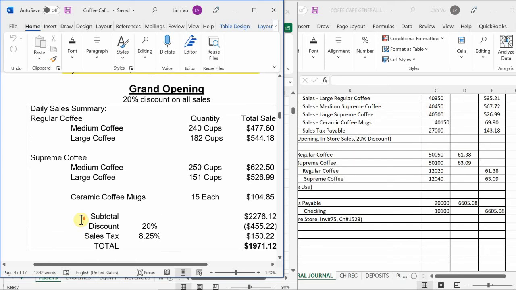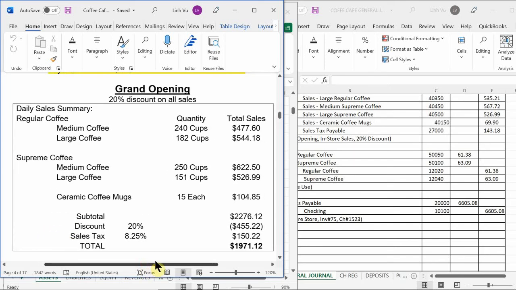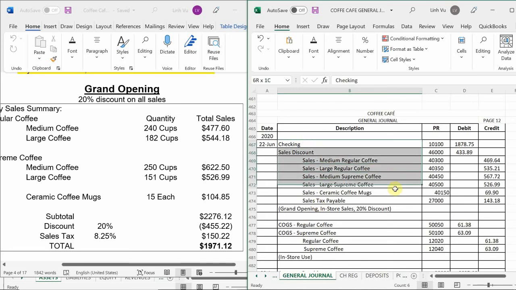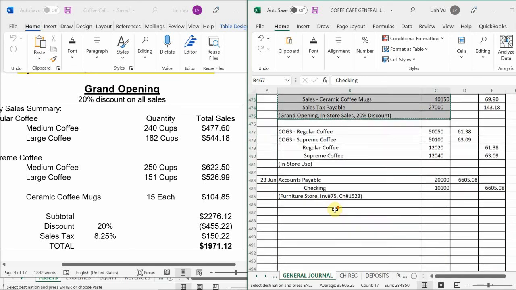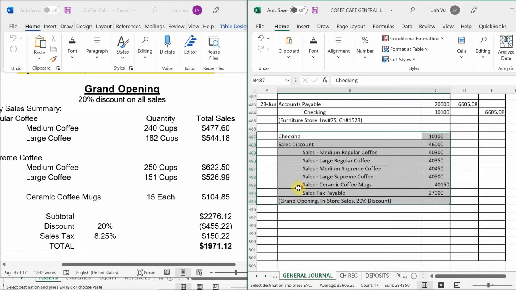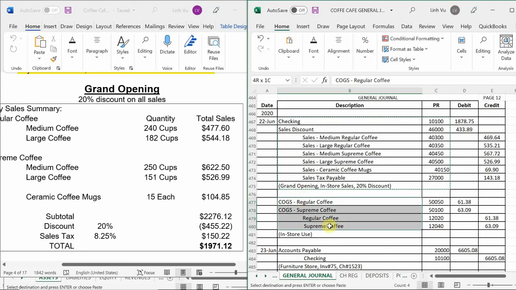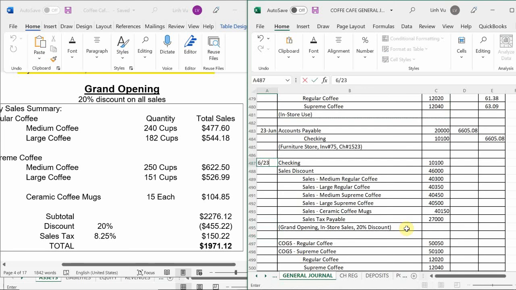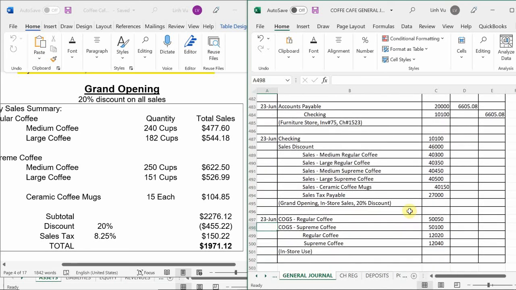So now we need to plug in our numbers again for the grand opening. $160. Perfect. We have just enough to squeeze in our transaction for the 23rd. Okay, so let's go ahead and go down the line.